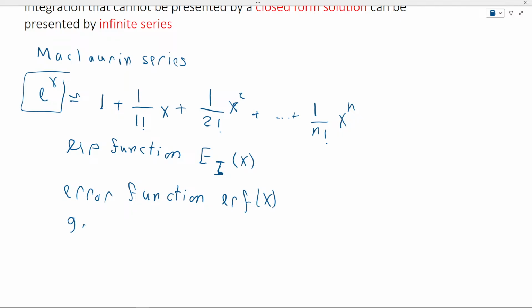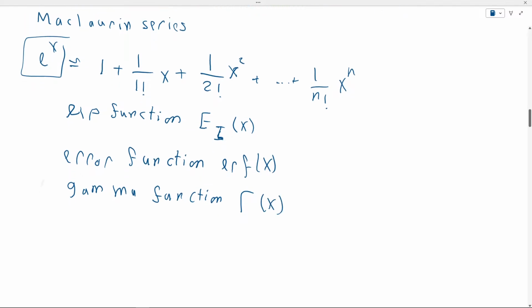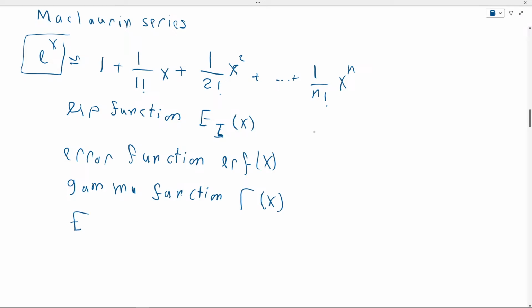Others are the gamma function, which is another example of an integral function, and the Euler constant, which is equal to something like this.